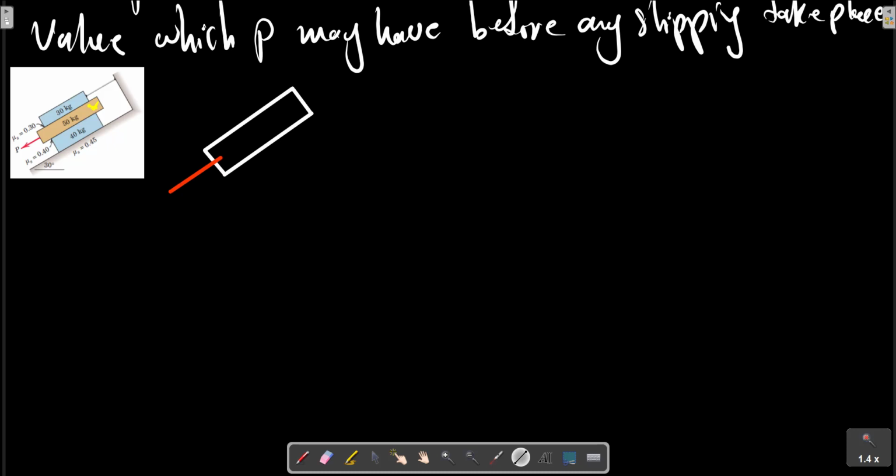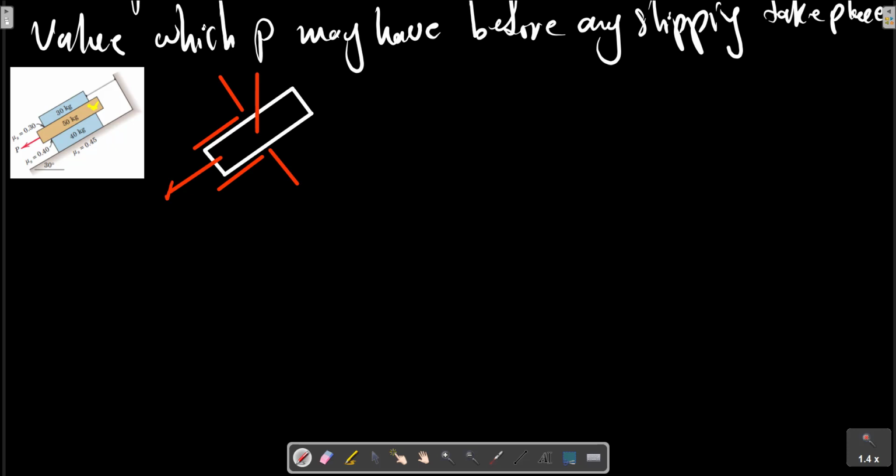If the block is impending to move down, the two friction forces are in the opposite direction of movement. So the first is in this direction, and the second also is in this direction. We have a force due to gravity here. The contacting forces are two: the first between the upper block, and the second for the lower block.